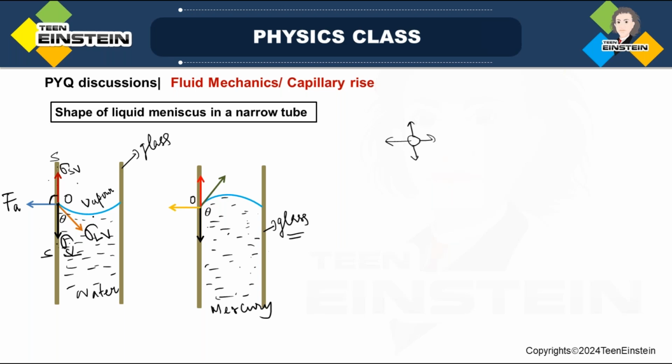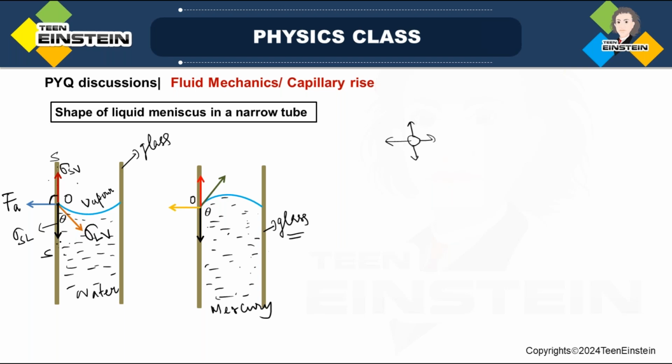Okay, now look, if I break this sigma LV, that is the surface tension at the interface of liquid and vapor, into components, because this angle is theta, I get two perpendicular components. Okay, this I'm writing here, this is sigma SL. So I have two components of this LV.